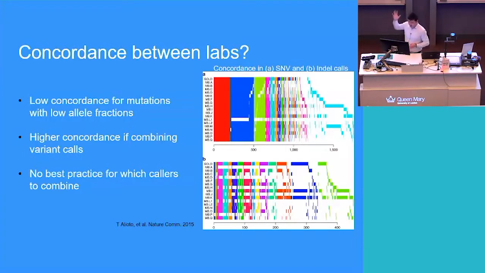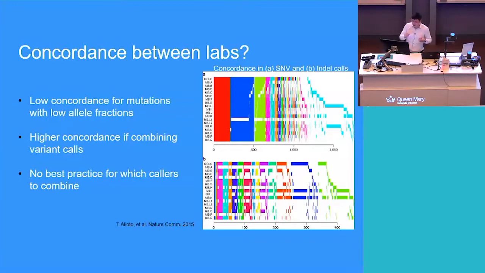But we know from other studies from ICGC that there could be low concordance between the variants that are called. Right. So this is just a table showing where ICGC, I think, sent neuroblastoma samples to different labs, so the same sample, same data, and then asked different labs to call the variants, and this shows the level of concordance across variants, right?